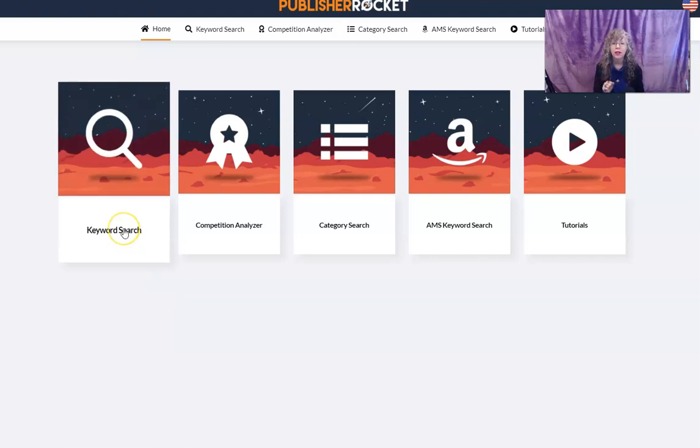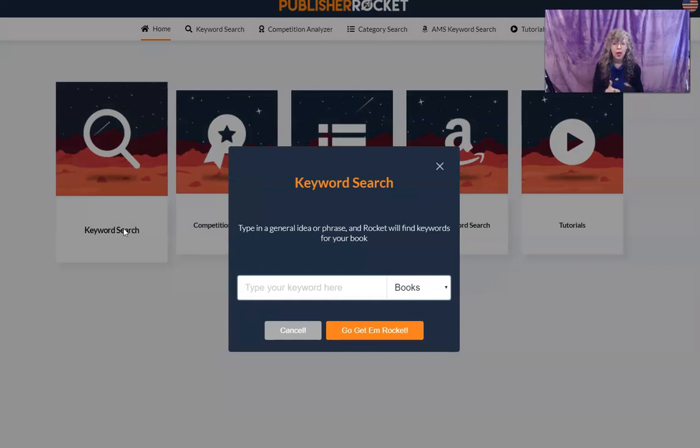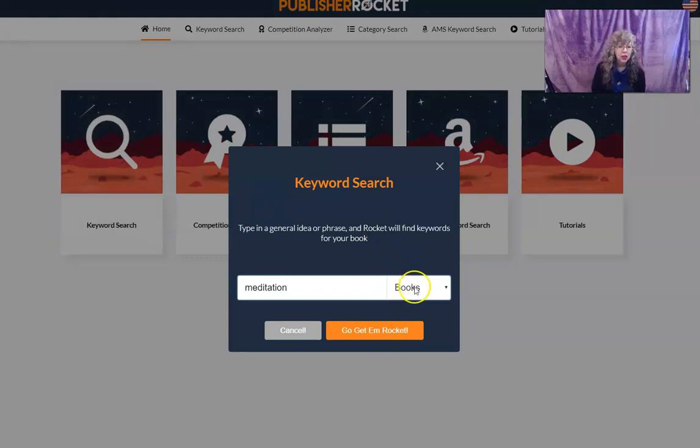So right now, we were looking up keywords. Like I said, we're allowed to have 7. So we're going to go into keyword search, and we just type it in right here. So the book is about meditation, and it's actually Kindle. Okay, so I'm only looking for keywords that are being searched for Kindle books. And then we hit this go get 'em rocket.